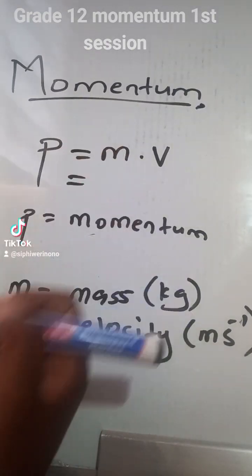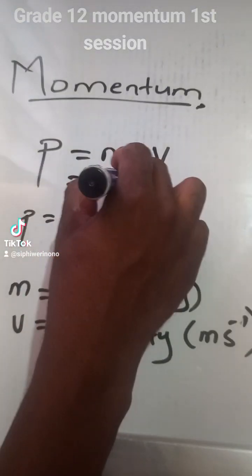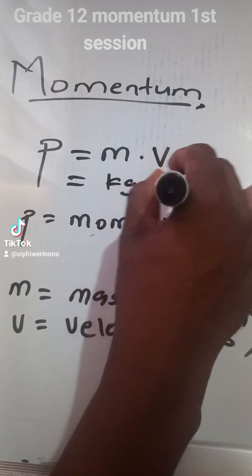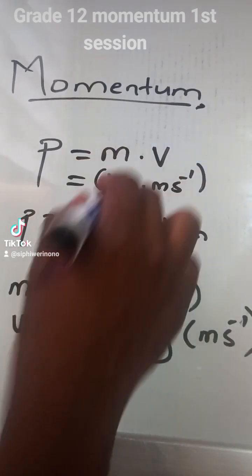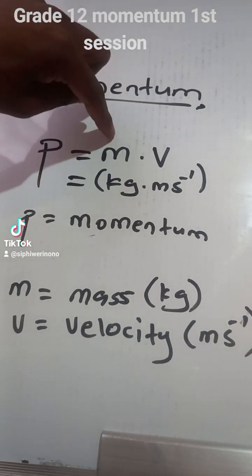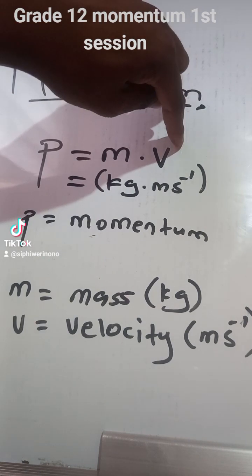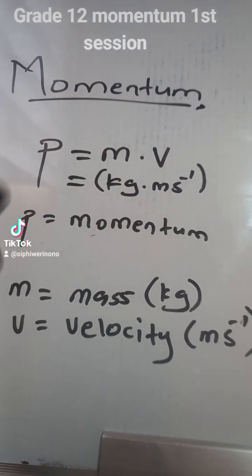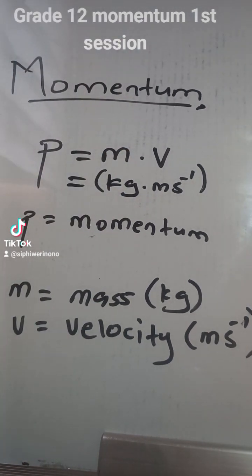So the SI unit for momentum will be kilograms meters per second. It's the SI unit for the mass multiplied by the SI unit for the velocity, which gives the total SI unit for momentum. So momentum is just multiplying the mass of an object together with its velocity.